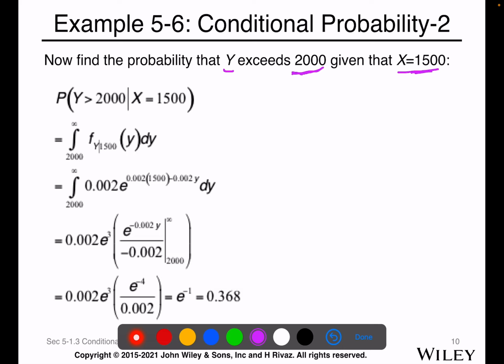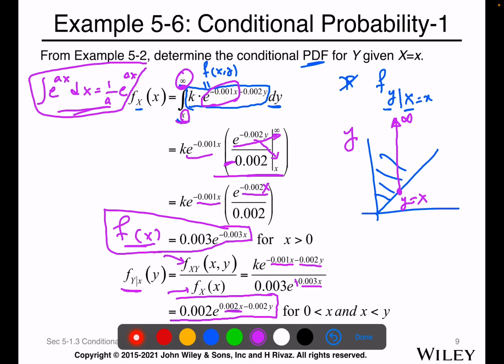So we plug x equal to 1,500 into the equation we calculated at the end, and integrate it. So the integral of f of y given x equals 1,500 dy from 2,000 to infinity, right?